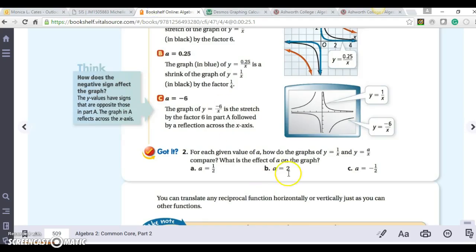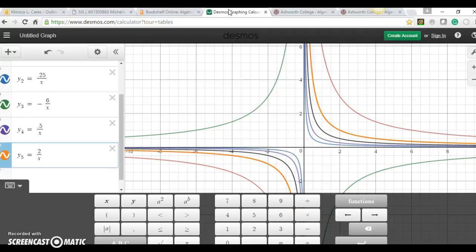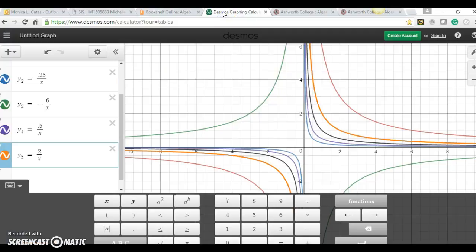So that's a shrink. 2 is a stretch because it's a bigger number. The bigger the numbers get, the more that they stretch. So we'll say y5 equals 2 over x. And as you can see, I'm stretching right here. And then the negative is going to flip again, so we'll put that in our calculator.